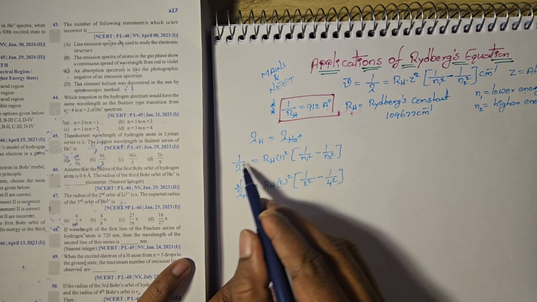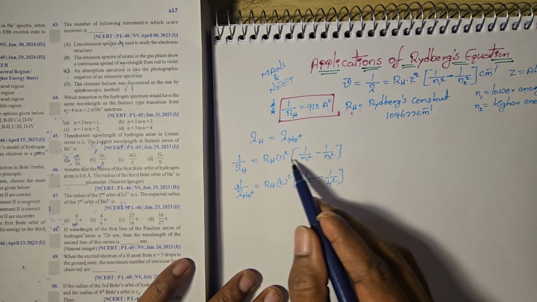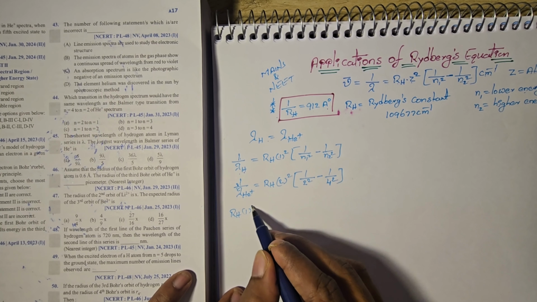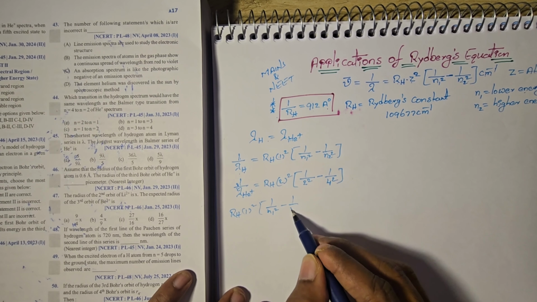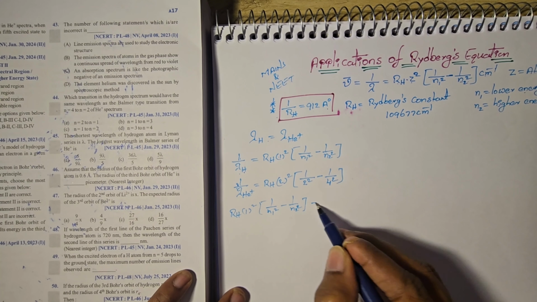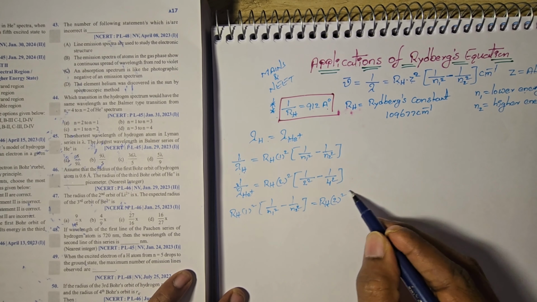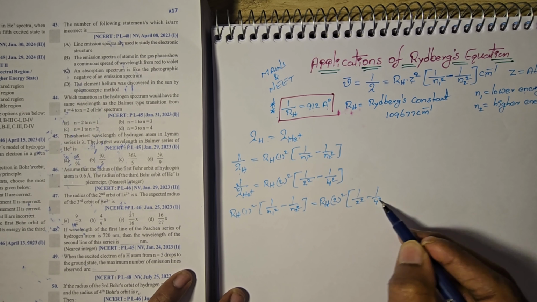By using this relation, this is equal to this one. That means RH 1 square into 1 by N1 square minus 1 by N2 square is equal to RH 2 square into 1 by 2 square minus 1 by 4 square.